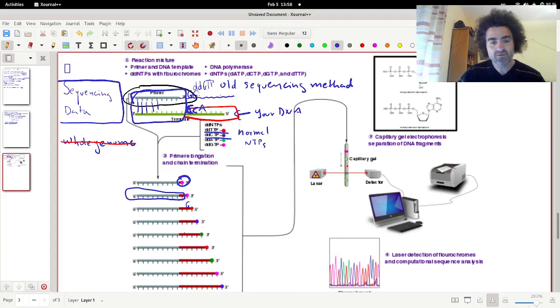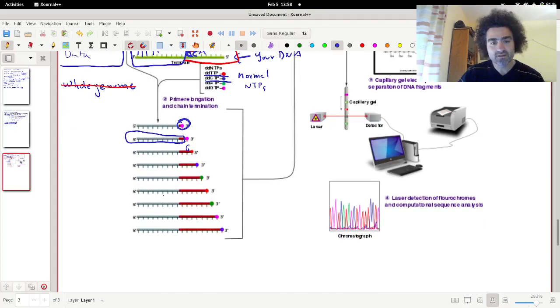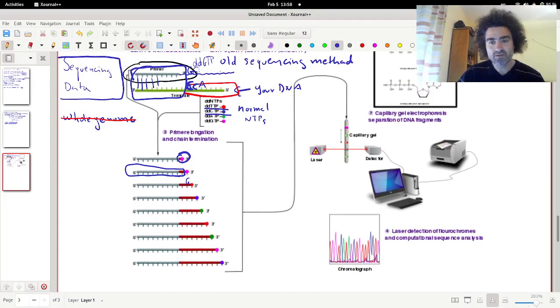So you will get all these different size molecules that you can detect in this capillary gel here, and then you can use computer software to eventually get this graph that will tell you what color you read at each position.